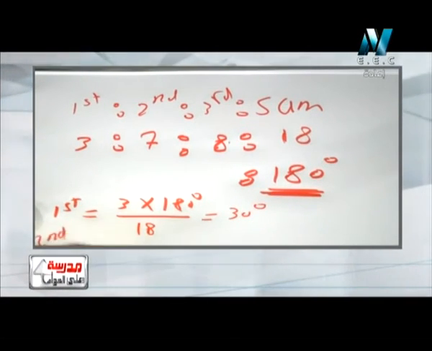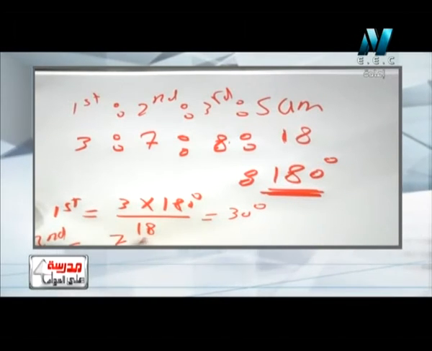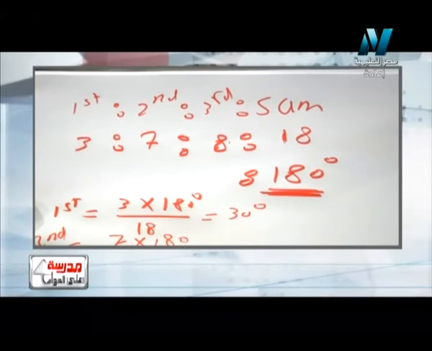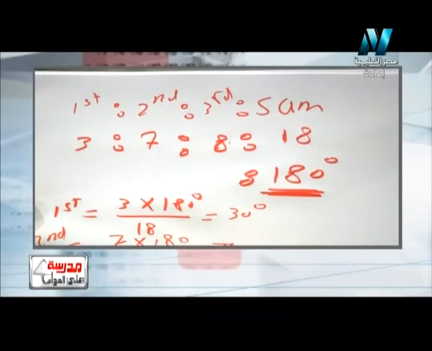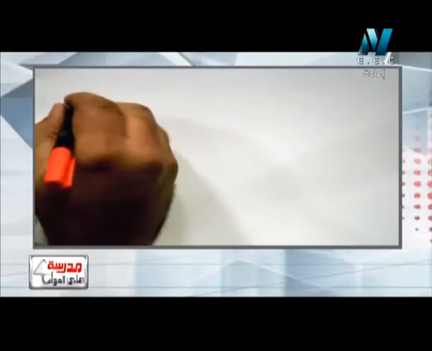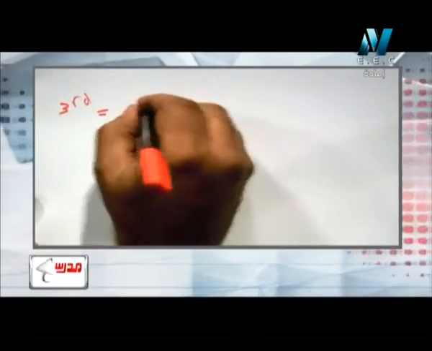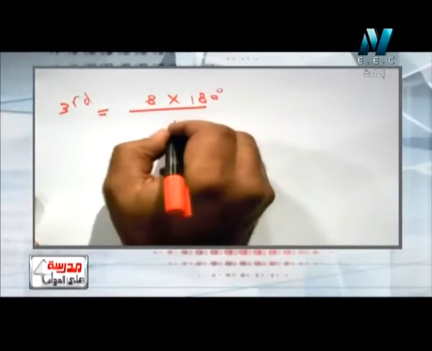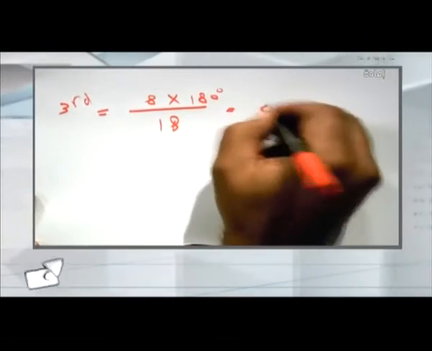By the same way we find 7 times 180 over 18, the result will be 70 degrees. And finally, by the same way we get the measure of the third one: 8 times 180 over 18, and the result will be 80. Just find the sum of them to get 180 degrees.